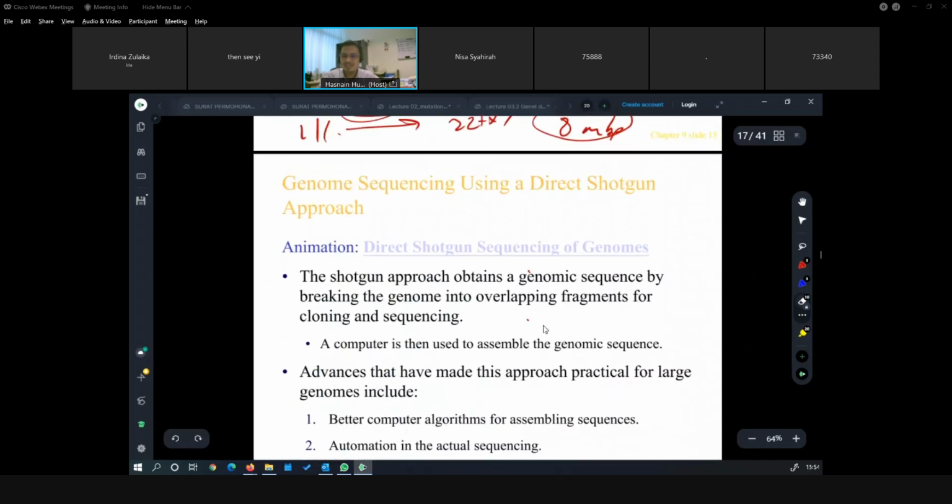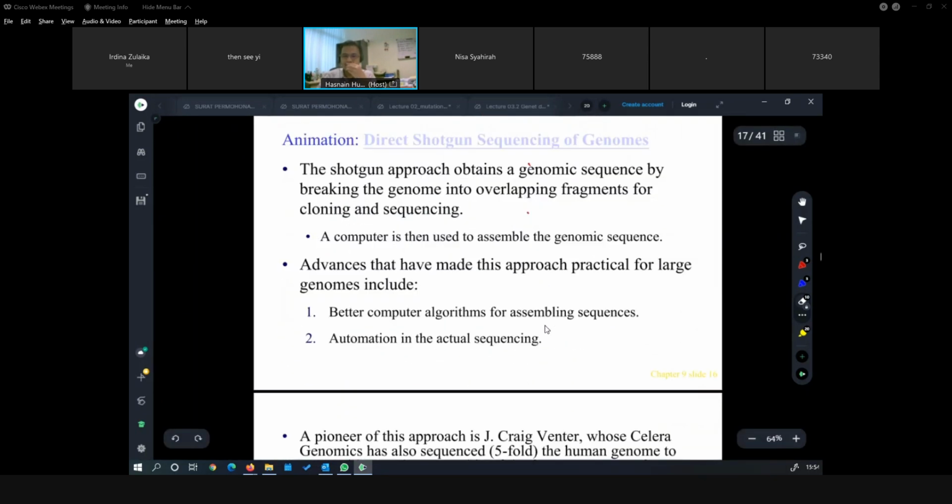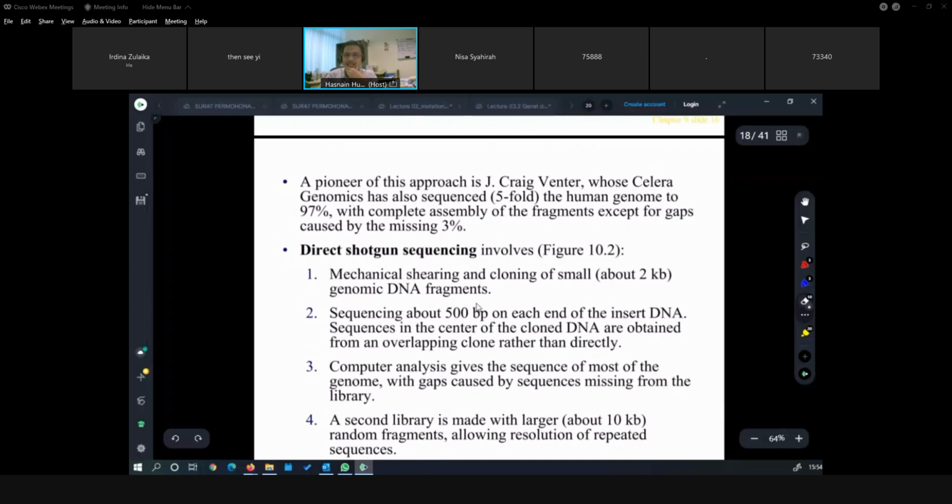But with the shotgun approach, they cut into very small pieces. A pioneer of this approach is Craig Venter of Celera Genomics, who sequenced the human genome fivefold, to 97%, similar to the Human Genome Project. So the shotgun approach is Craig Venter's, and the other one uses the mapping approach.